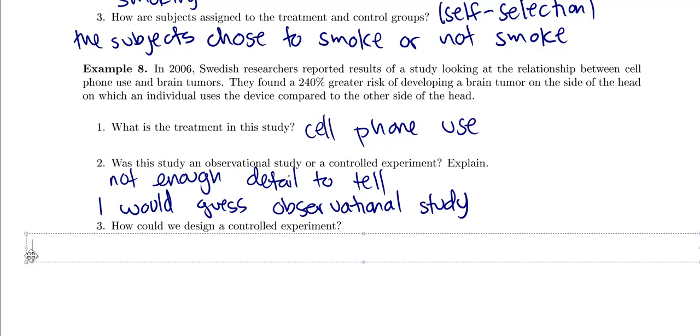And number 3, how could we design a controlled experiment? Now, this isn't the only way to do it. This is just one way. So I would have one group that uses cell phones.